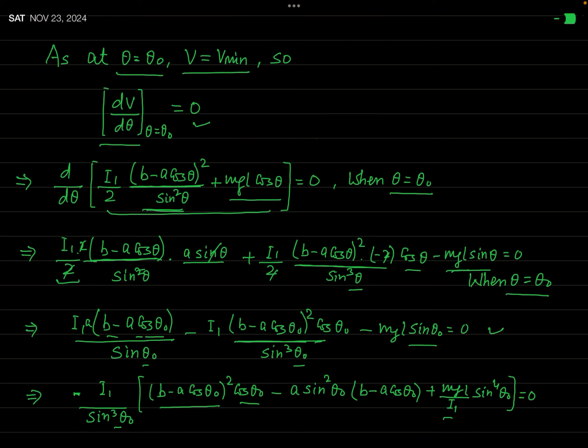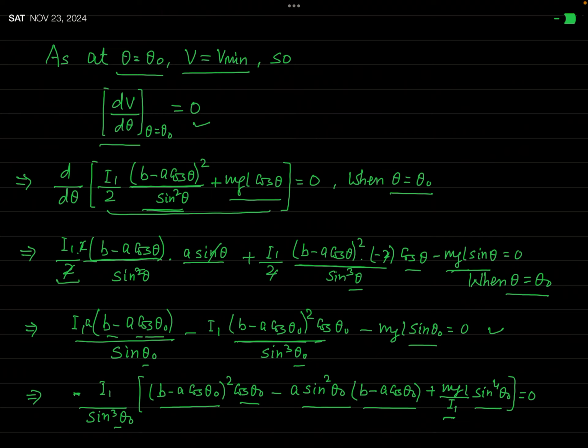Since minus has been taken as a common factor, the sign of the above terms will be just reversed. And the next term is a sine square theta naught times (b minus a cos theta naught). And the third term will be mgl over I1 times sine 4 theta naught. And that will be equal to 0.